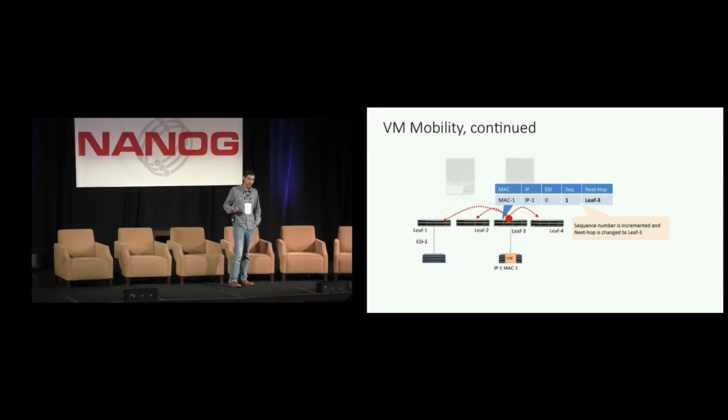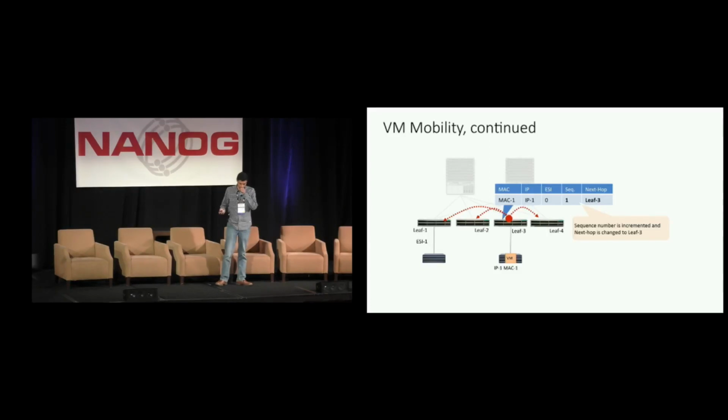So based on that, leaf 3 will bump up the route version or the sequence number associated with this route when it advertises the route type 2 or the MAC IP route for that host with itself as the next hop.